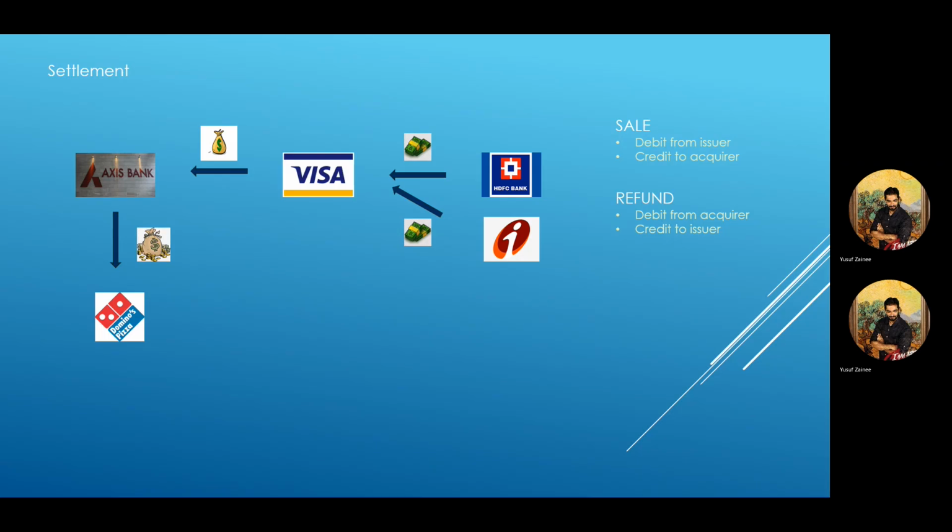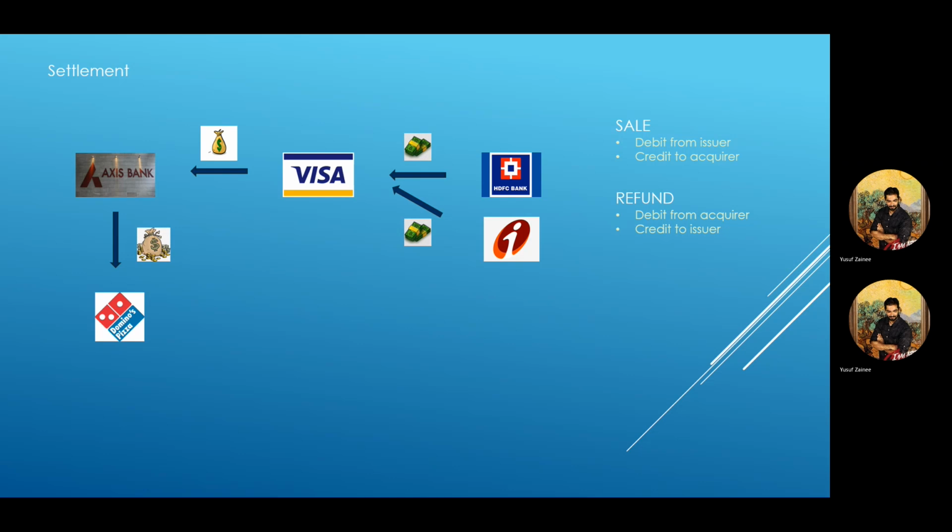This monetary flow is for a sale transaction. During a sale, the debit happens at the issuer side. When I say issuer, it gets billed to the customer, and the customer is actually paying. But before that, HDFC clears this bill and pays the merchant.